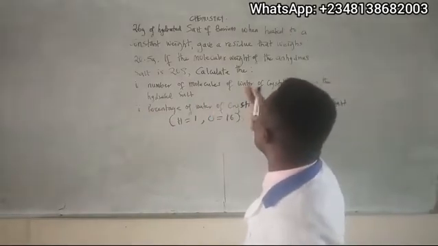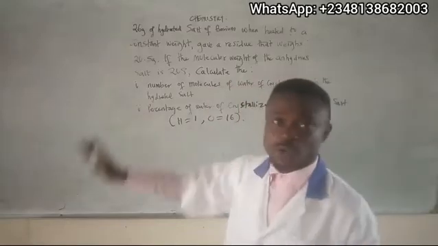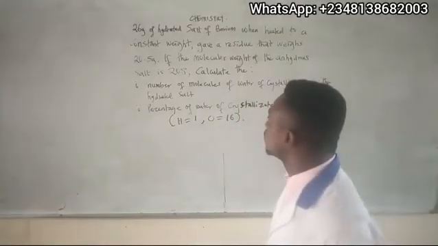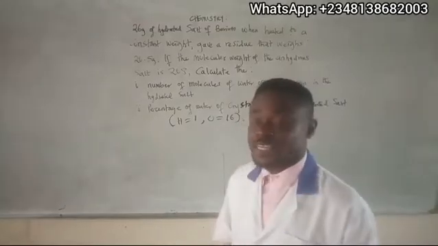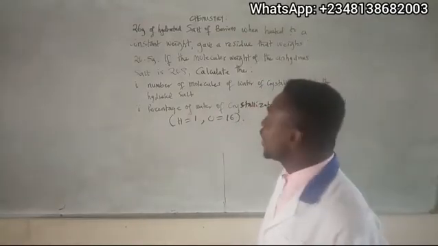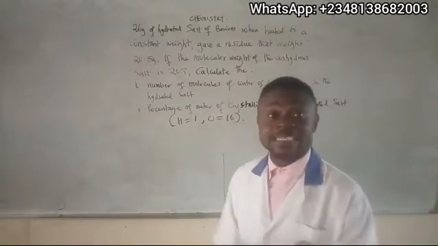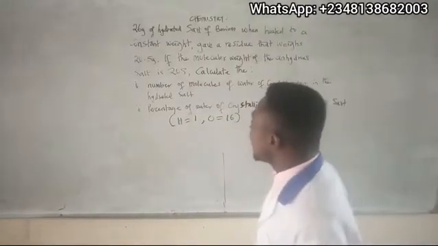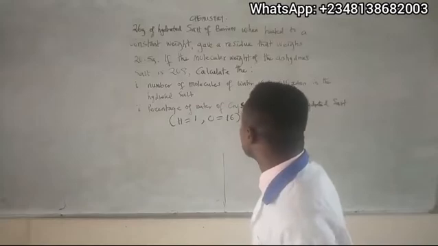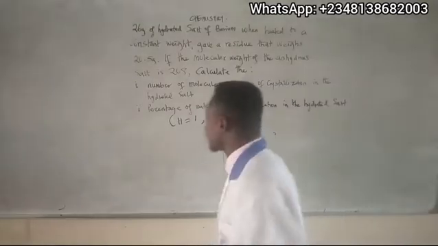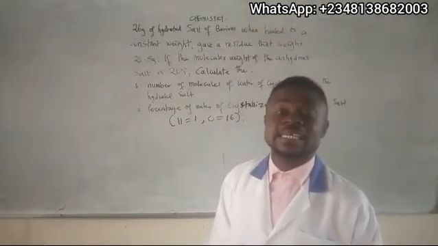If the molecular weight of the anhydrous salt is 208, calculate (I) the number of molecules of water of crystallization in the hydrated salt, (II) the percentage of water of crystallization in the hydrated salt.